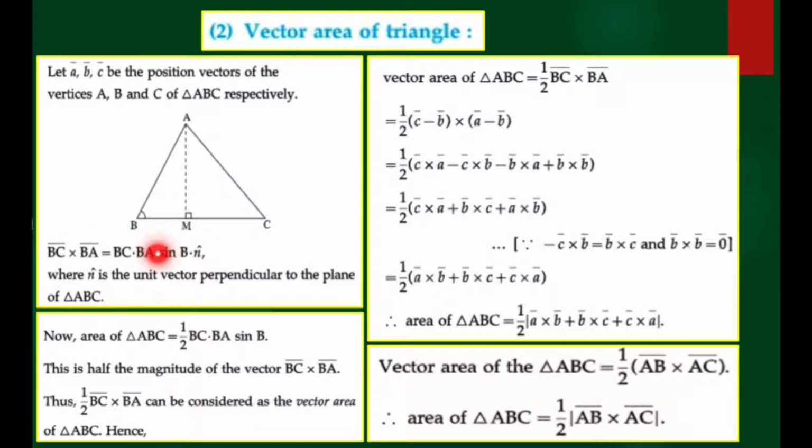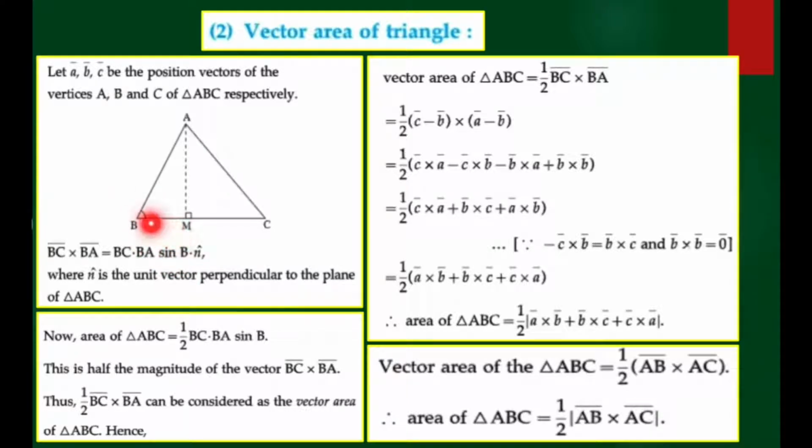So we find the cross product of vector BC and vector BA. If you observe, we consider this vector BC and vector BA. So we write by definition magnitude of vector BC into magnitude of vector BA into sin of the angle between them.